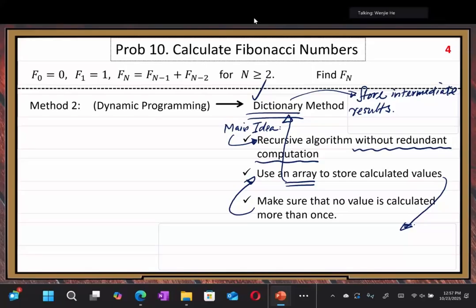Here, let me give you more specific information. Let's assume we are calculating Fibonacci numbers, and we store the intermediate Fibonacci numbers in an array. Next time, when we are given a new Fibonacci number to calculate, before we do the calculation, we need to check whether the value of this Fibonacci number is already available in the array.